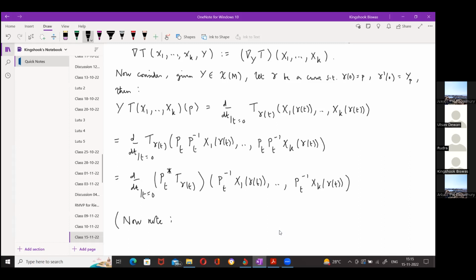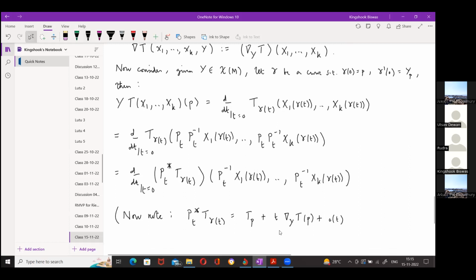Now note, we have the following, that P_t star of T at gamma(t) is equal to T_p plus t times nabla_Y T at p plus little o of t, right?